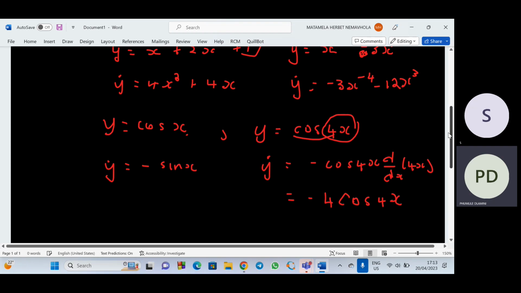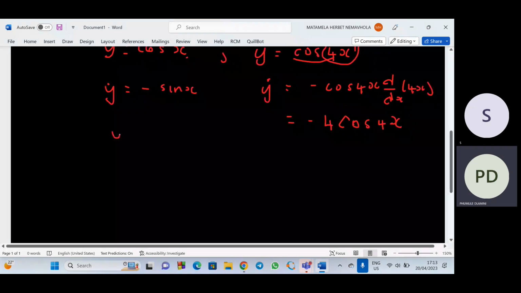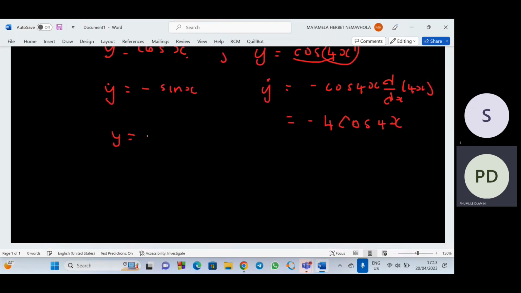Let's say you are also differentiating y equals sine of x. When you differentiate sine of x, it is the same as cos x, but with no negative now. The same rule applies if you have y equals sine of x cubed.